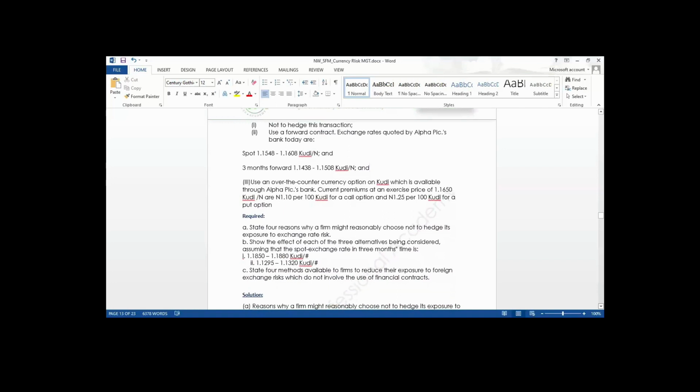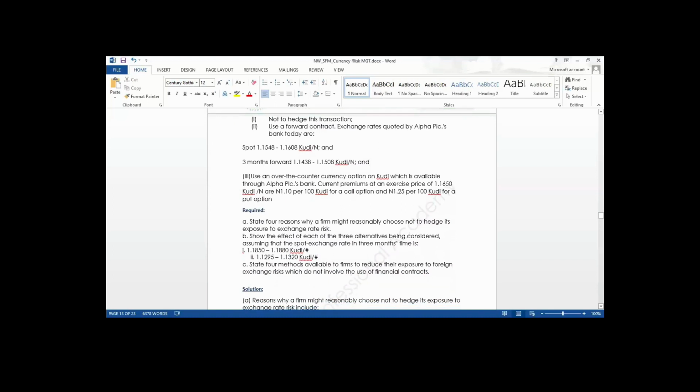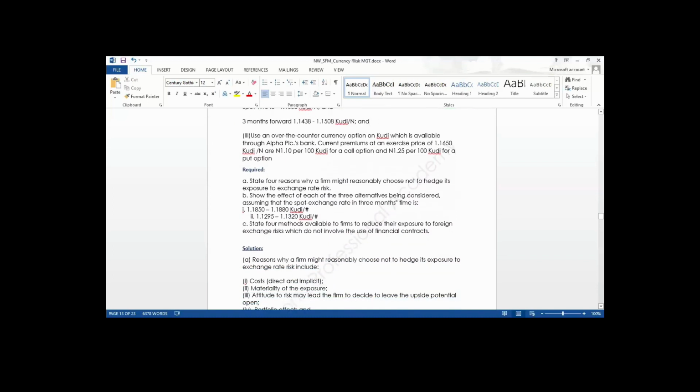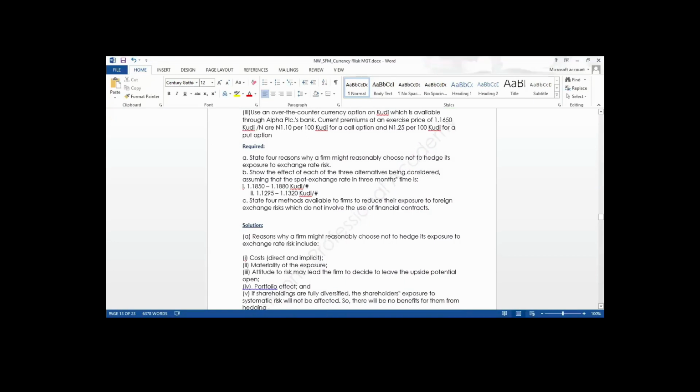State 4 reasons why a firm might reasonably choose not to hedge its exposure to exchange rate risk. Why will a company decide not to hedge? Let's not waste time on this. Look at the reasons, please. Cost, the hedging cost, direct or indirect cost.